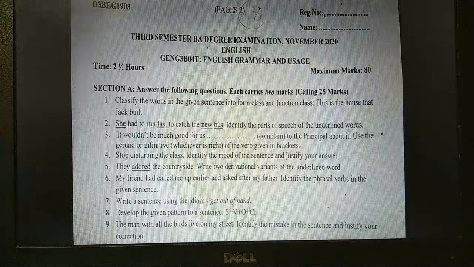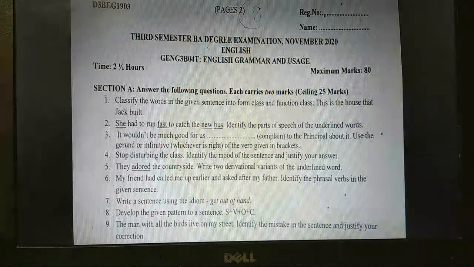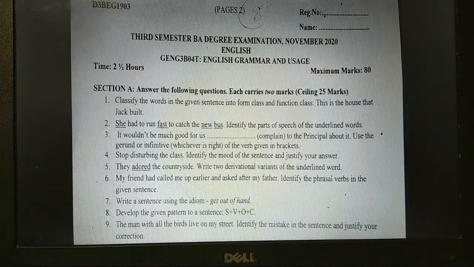Now, let us have a look at the question paper of November 2020. So, we have the question paper here. We will look at each of the questions and move forward. We have section A. Section A, answer the following questions. Each carries 2 marks, ceiling 25 marks.